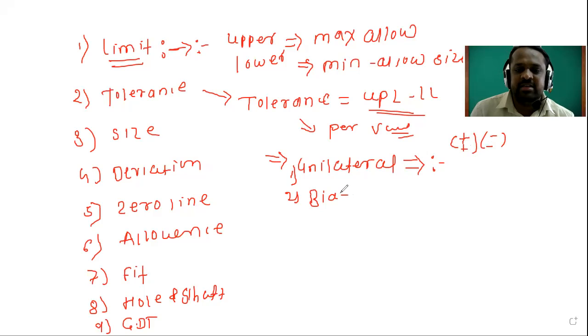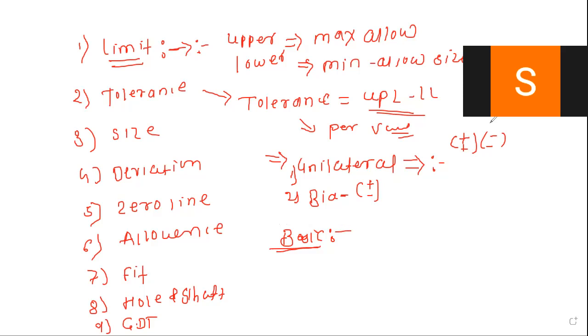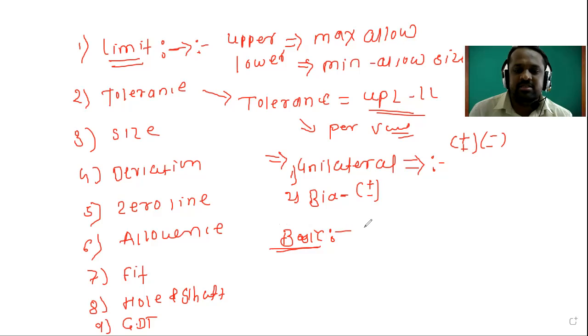And when we show the tolerance zone on both sides of the basic size, plus minus like this, it is called bilateral tolerance. So, understood? Then what is meant by the basic size? The size before giving the tolerances is called the basic size.